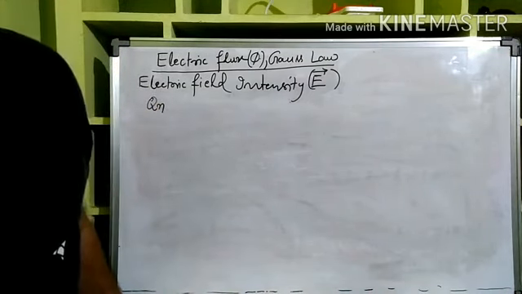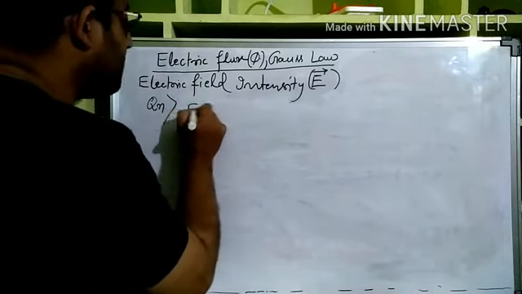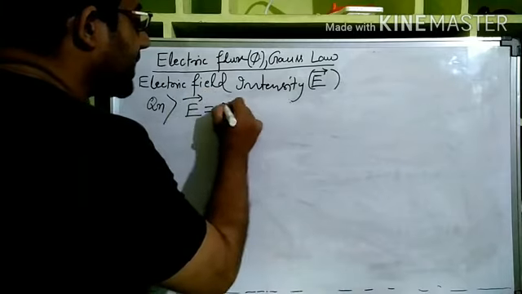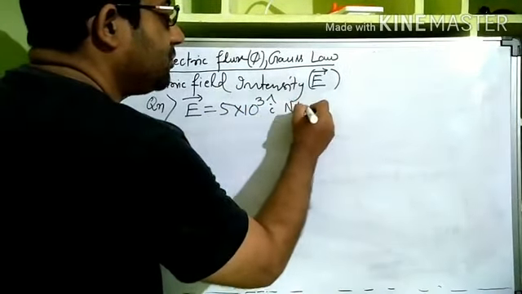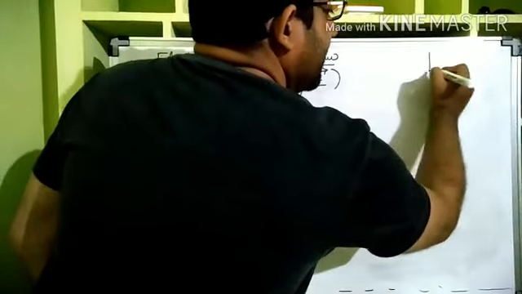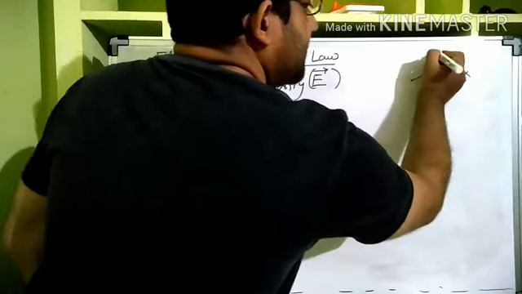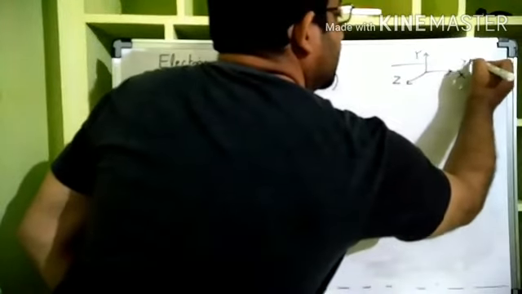I cap means what? It is along the x axis. So if we are taking it like this, if this is our x, this direction is our y, this direction is our z, then E is along this direction. This is E.